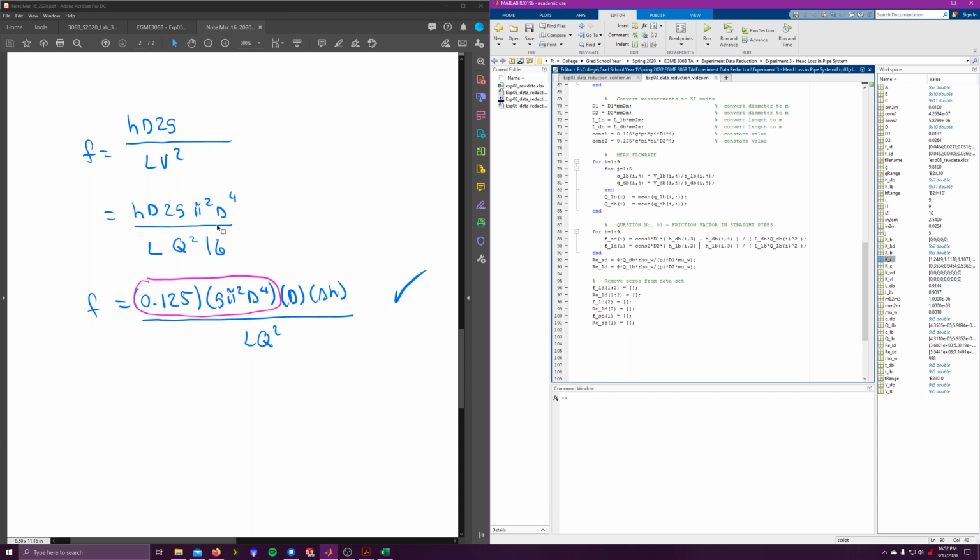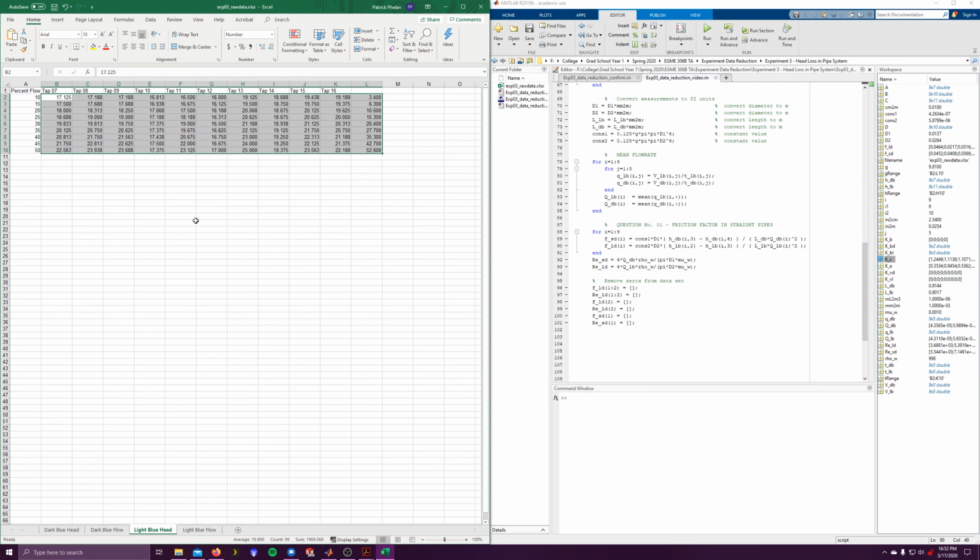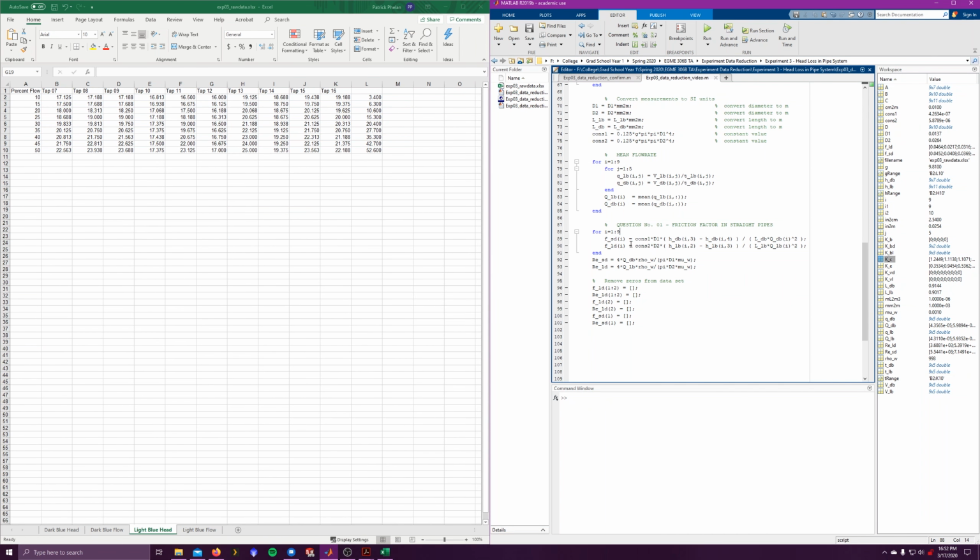Okay, so let's take a look at the light blue, just for example. Here we're doing runs 1 to 9, that's for the 9 rotometer settings. We want to compute this friction factor for all of those 9 settings.